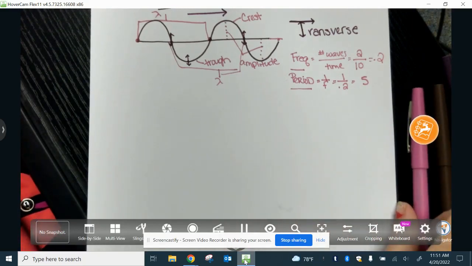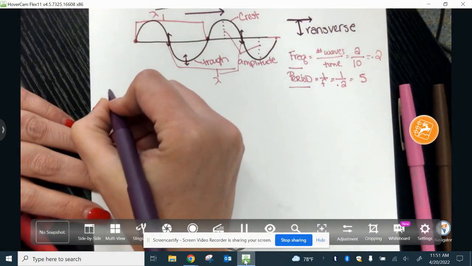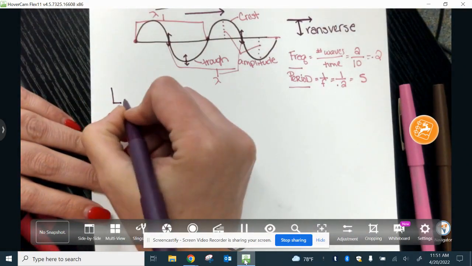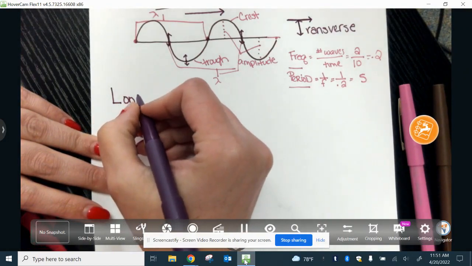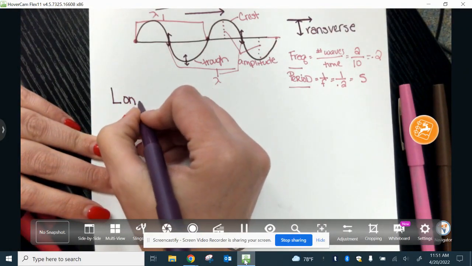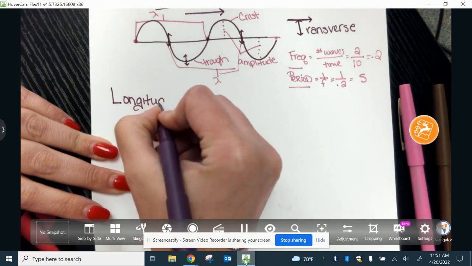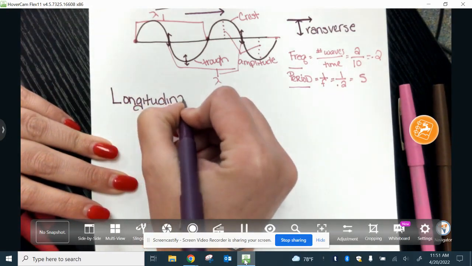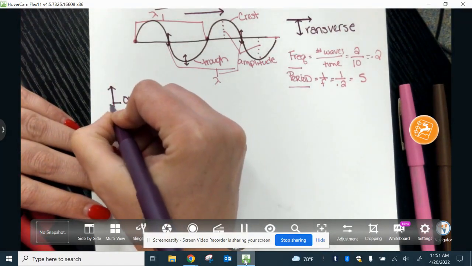All right, the other type of wave is a longitudinal wave.